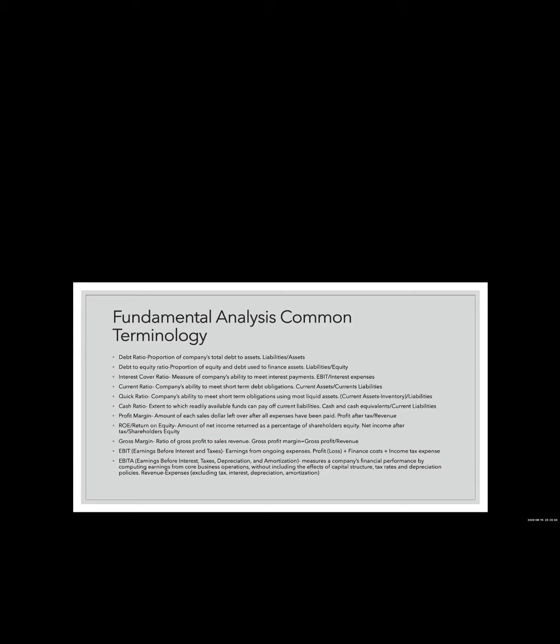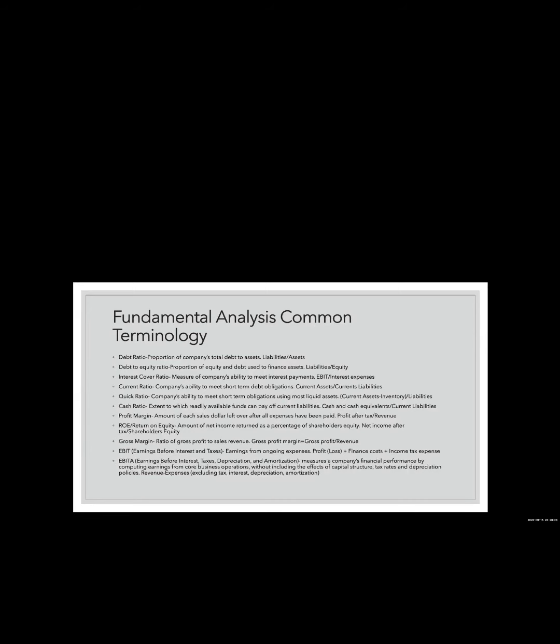Profit margin, very simple, is profit after tax divided by revenue. ROE, or return on equity, is net income after tax divided by shareholders' equity. Gross profit margin equals gross profit divided by revenue.